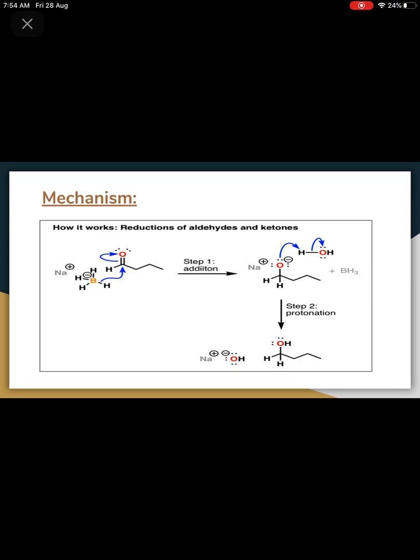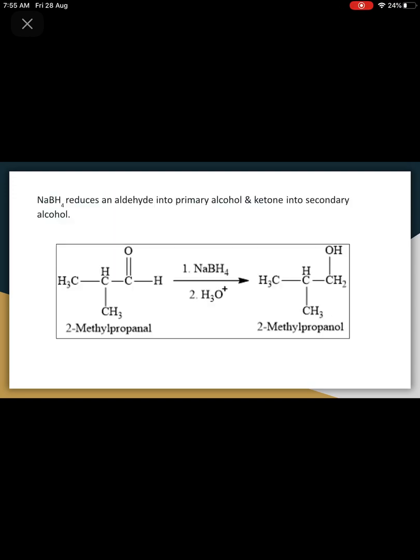First step is what? Addition of hydrogen atom from NaBH4 to the carbonyl group of ketone or aldehyde. And second step is what? Protonation of that negatively charged oxygen atom. NaBH4 reduces aldehyde into primary alcohol and ketone into secondary alcohol.